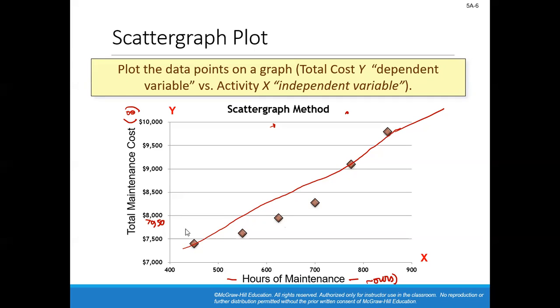So as you have confirmed that a straight line can be approximated by connecting these dots, we believe that there is a linear relation between the hours of maintenance and the total maintenance cost.